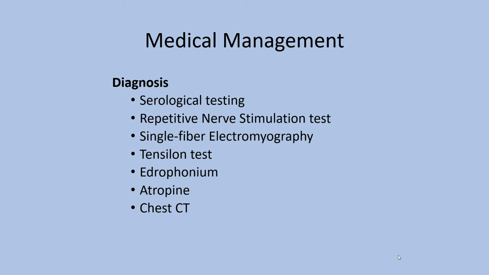So with nerve stimulation, it stores ACh at the neuromuscular junction, and if it's depleted, if there's a failure to generate an action potential, then in myasthenia gravis, you're not going to get that muscle response with that repetitive stimulation. So then you would find out if they are diagnosed with it that way. The other thing that they can do is single fiber electromyography.